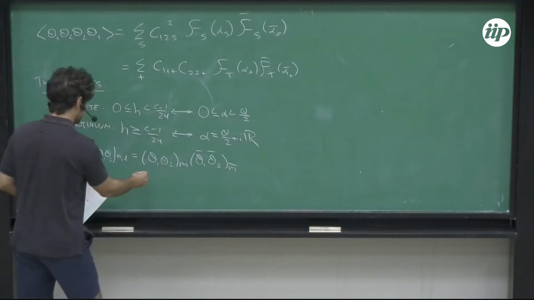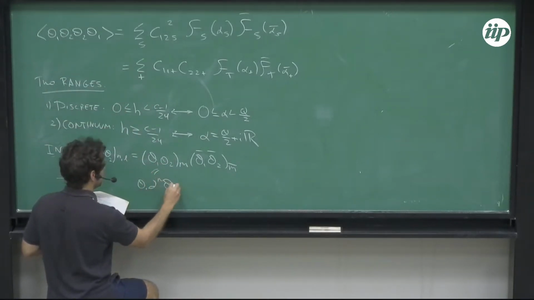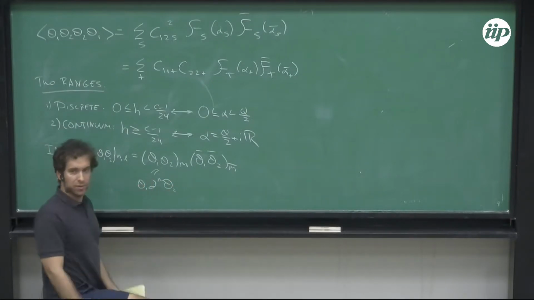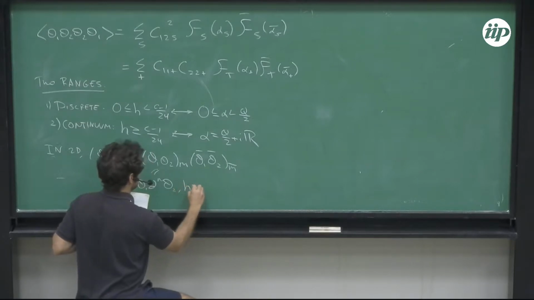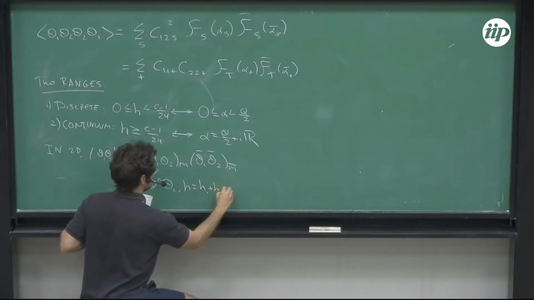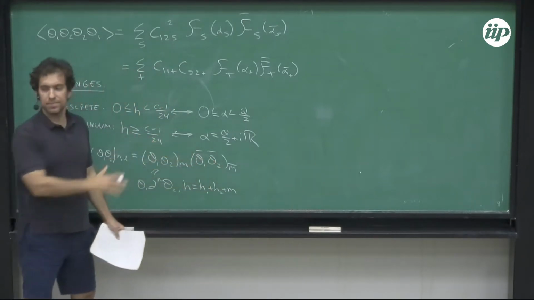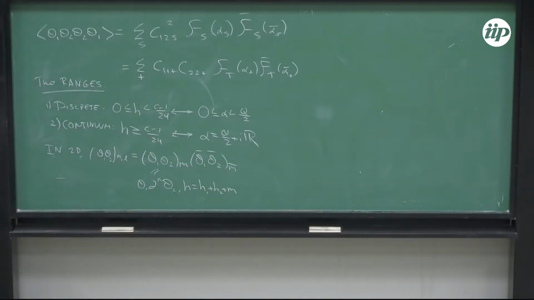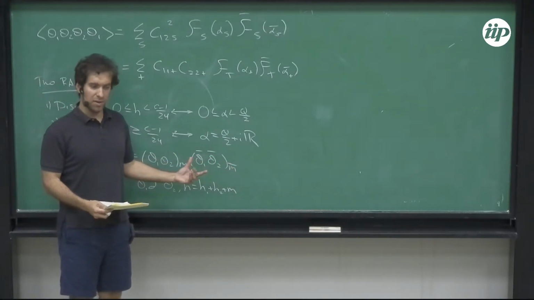And you can think of this as like O1, D to the m, O2, where this is the holomorphic derivative. And this has h equals h1 plus h2 plus m. And likewise for this antichiral piece. n is just the minimum of m and m bar, and the spin is just the modulus of the difference of the two.